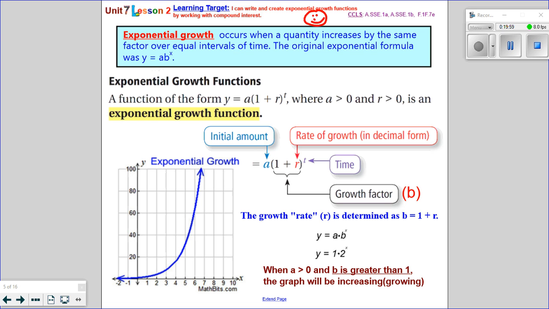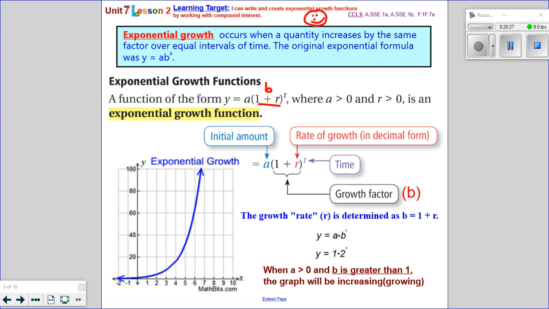All right, so exponential growth occurs when the quantity increases by the same factor over equal intervals of time. The original exponential formula was y equals a times b to the x. So with exponential growth, the 1 plus r is the b. That's the growth factor, right?